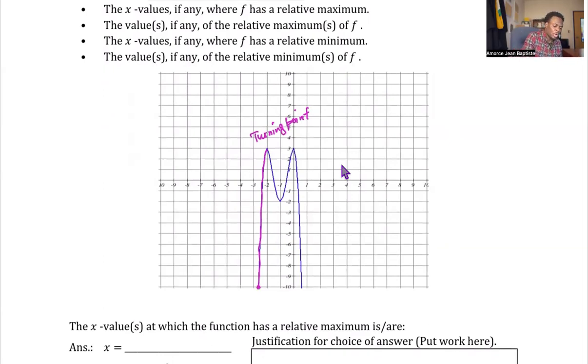If the graph started up here, then I would start it from the left, always from the left. And then for me to follow, if it goes down, then I would call this one decreasing. But over here, we had an increase because we were going up.